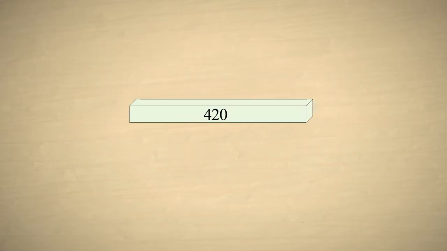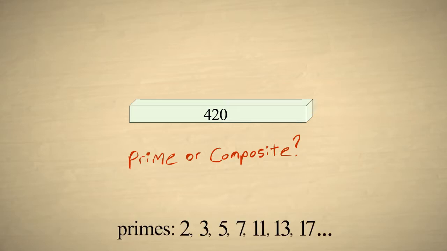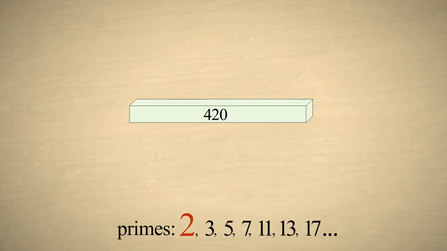To factor a number, we need to know if it is prime or composite. We can determine this by testing each prime number to see if it divides evenly into the number. We start with the smallest prime, 2. In this example, since 420 is an even number, we know it is divisible by 2.